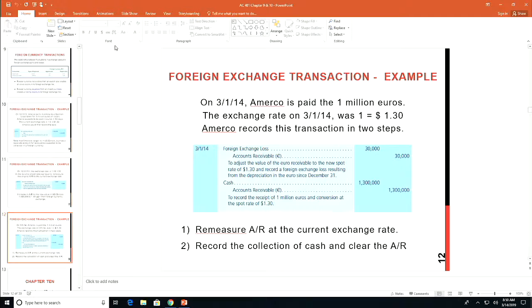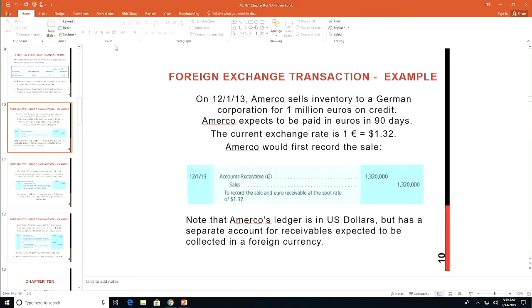Right, now let's do a T account for account receivables. I love T accounts, so it shows all the reflected changes. So when you created account receivables, this is December 1st. So December 1st, your account receivable amount was 1,320,000, all are dollar values, right?